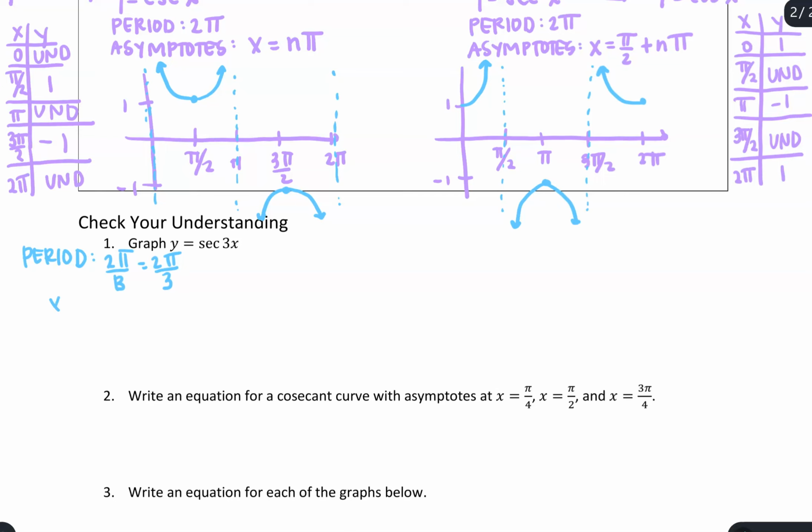So let's talk about our x and our y values here. Sorry, I don't want to put y so close. So secant will be at 0, pi over 2, pi, 3 pi over 2, and then again at 2 pi. What does b change? X. So I'm going to multiply the x values by not just 3, but by what? 1 over 3.